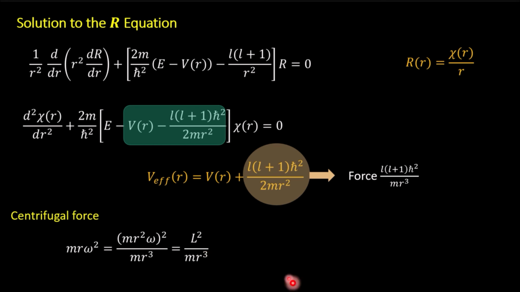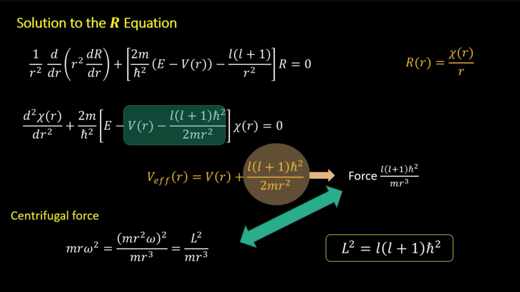Now if we compare this centrifugal force with the force due to this additional potential term, you can see that L square corresponds to small l into l plus 1 h cross square. So you can easily identify that the constant small l is associated with the orbital angular momentum, and hence it is called the orbital angular momentum quantum number.